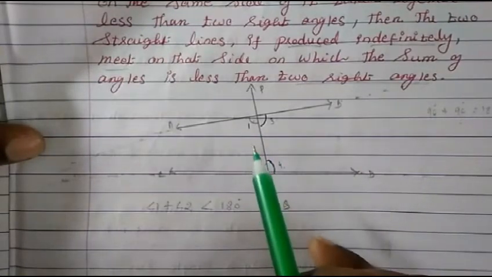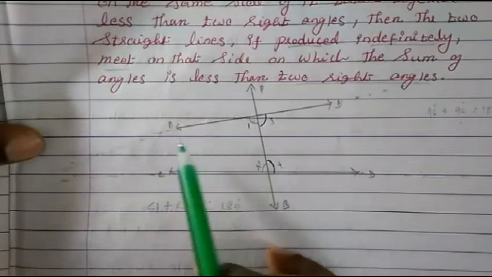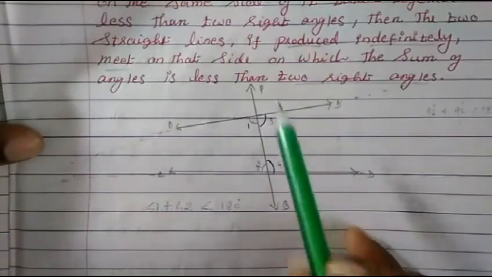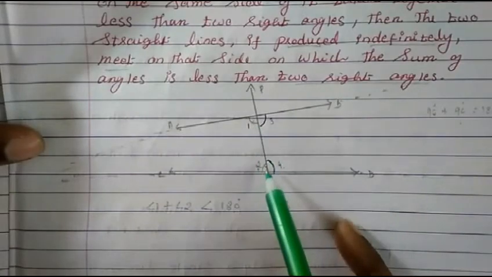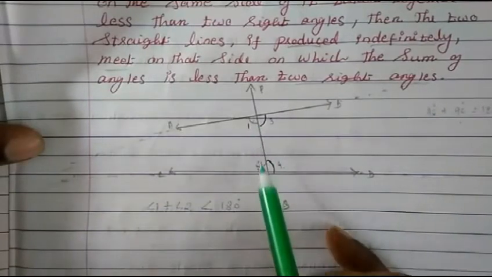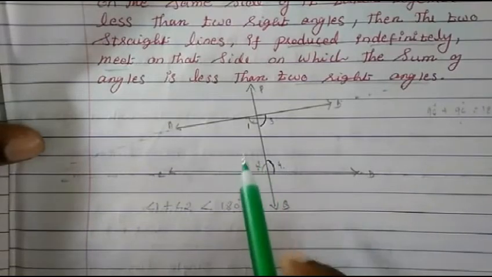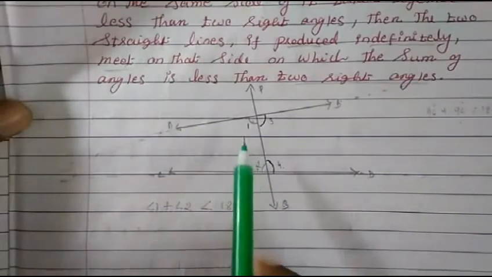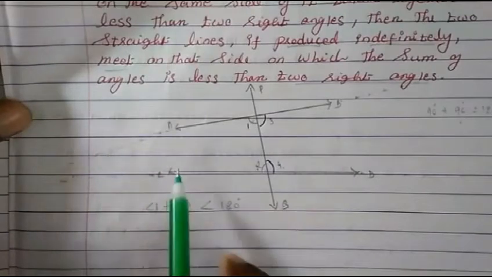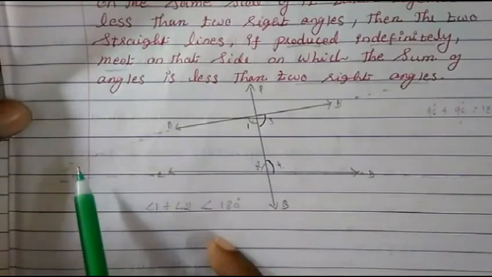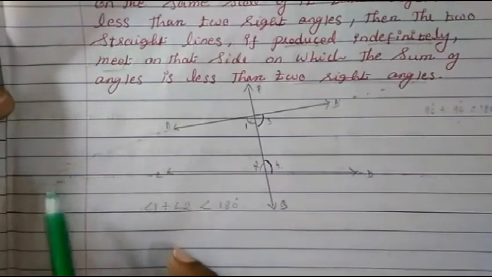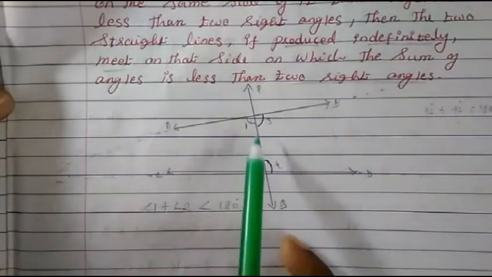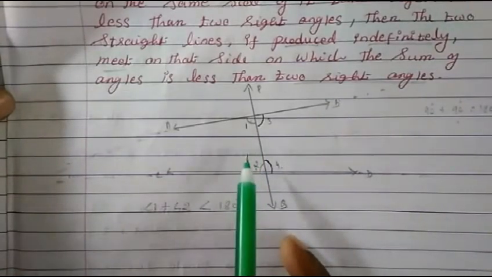But this fifth postulate says, when two lines are there and a third line falling onto them, the interior angles on one side will be less than 180. And which is that side? The side where, if we produce these two lines indefinitely, they will meet somewhere. So on that side the sum of the interior angles will be less than 180.